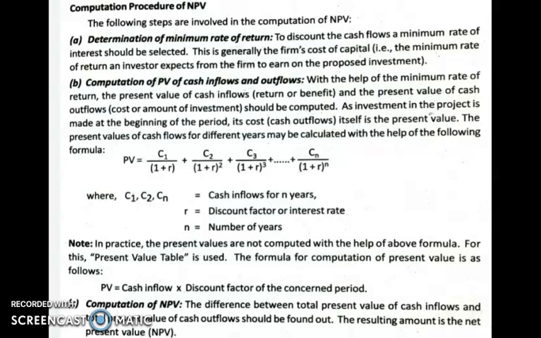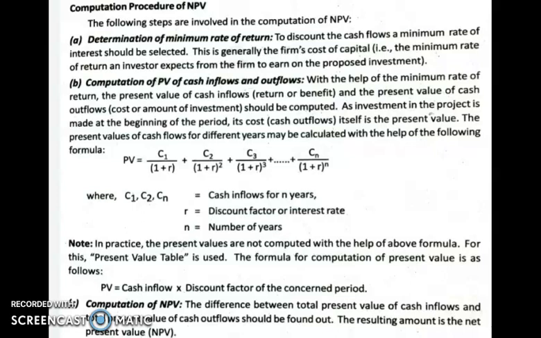Presently, we do not have to use the formula. We can use the present value table instead. That is, we get the value of 1 divided by 1 plus R whole raised to n from the present value table. And that value is actually the discount factor.